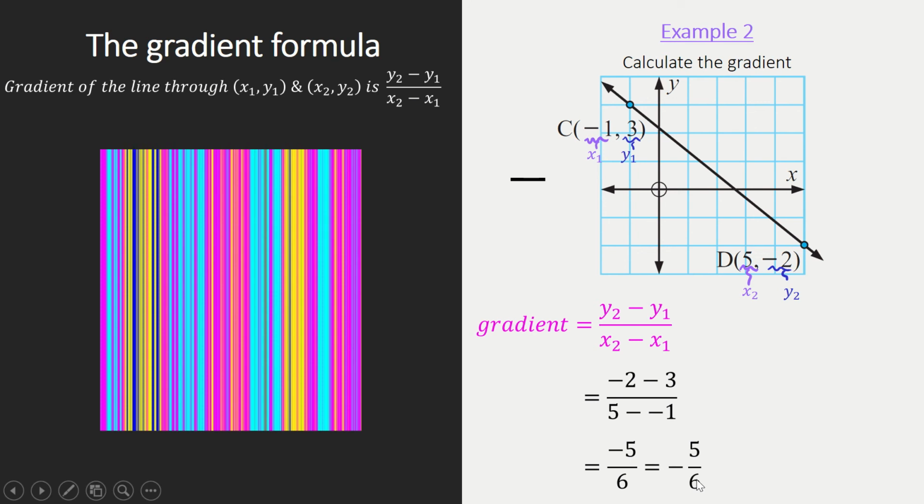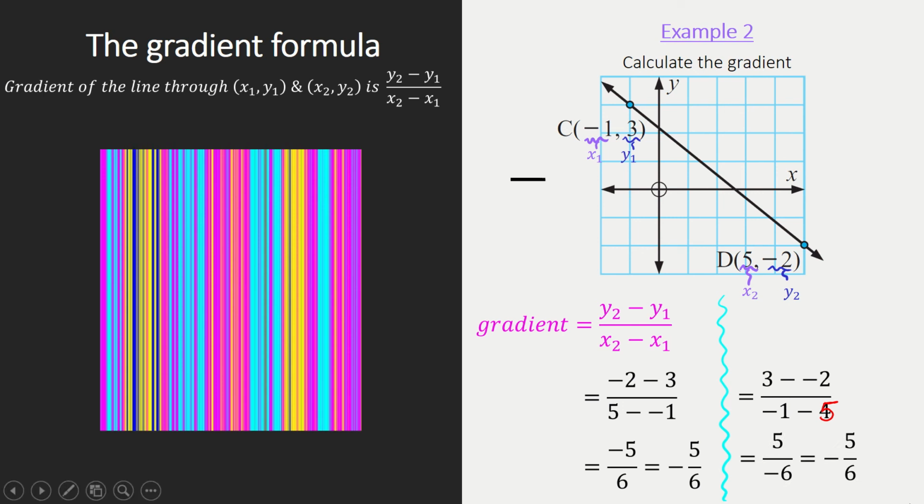And now I hear you thinking, alright, how do I know what the first point is and what the second point is? It doesn't really matter, because I can also say that this is our x1 and this is our y1. What we then get is y2, which is now the 3, minus our y1, minus 2, divided by our x2, minus 1, minus x1, which is, in this case, minus 5.